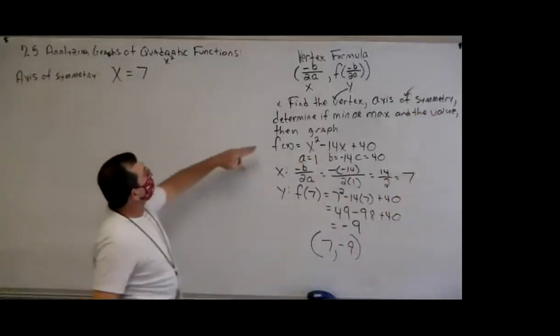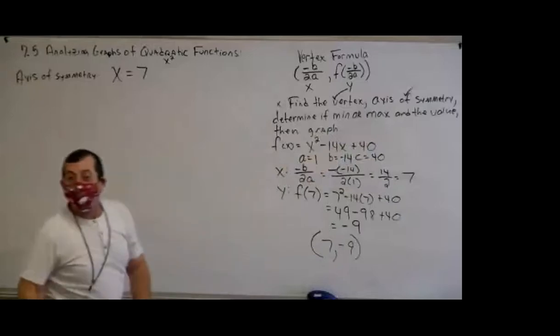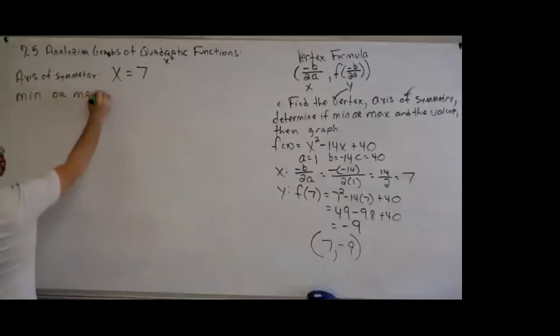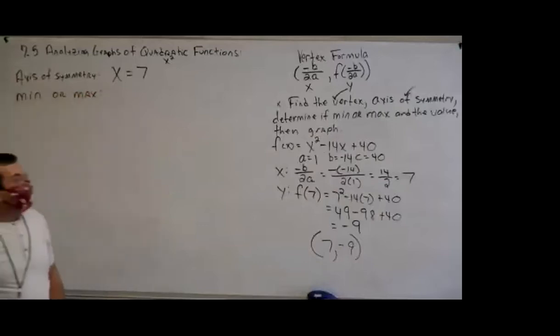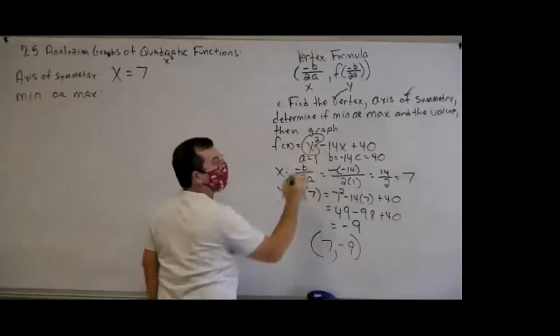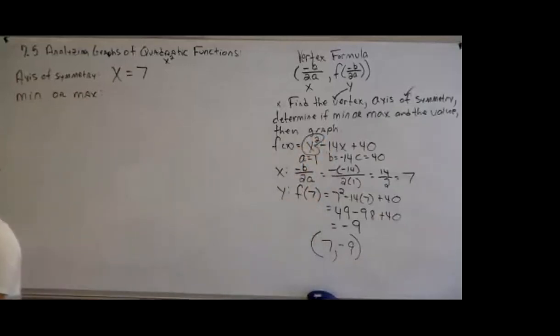Then it says, hey, determine if you got a min or max value. So min or max. Well, to know if I got a min or max, you're going to look at this x squared term right at the very beginning. And we said there were 2 cases. It's either going to be positive or negative. Well, mine is positive.